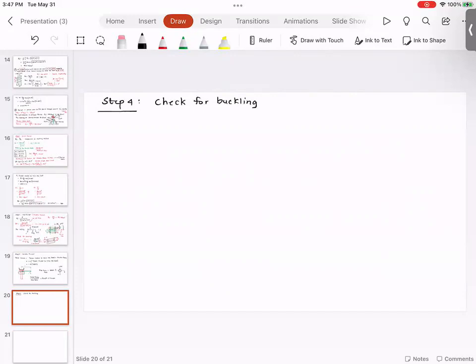Think about a long column, and if you apply a lot of load, rather than the column crushing, the column could actually just snap. So basically it would buckle. So if you apply a lot of load, rather than the column crushing, the column crumbles, and that is buckling.